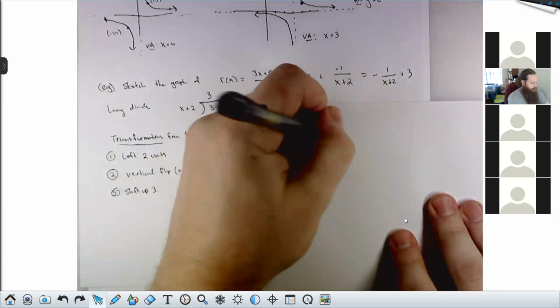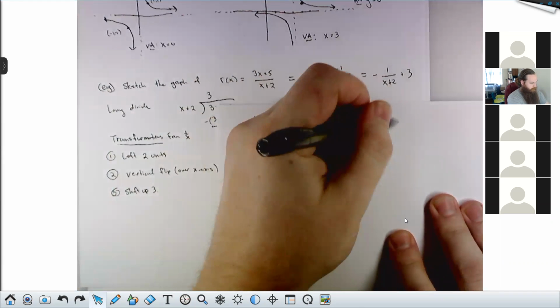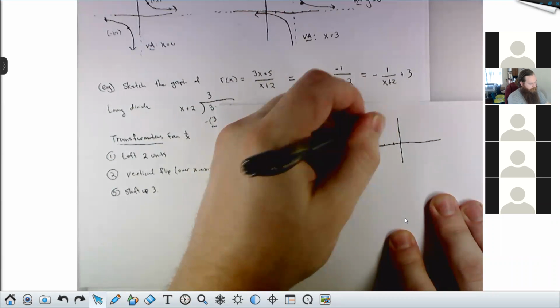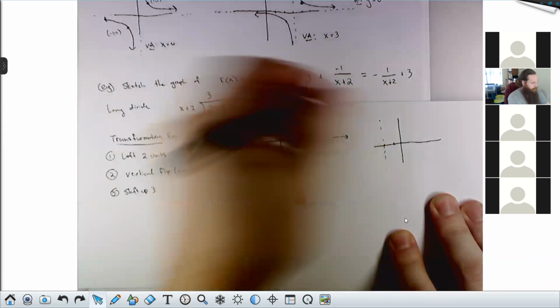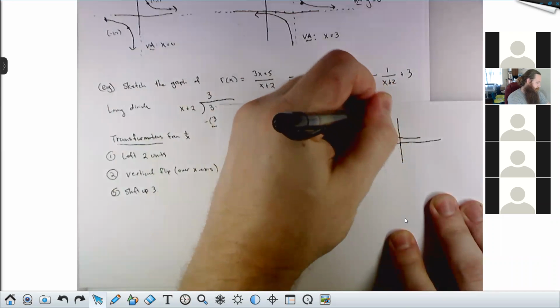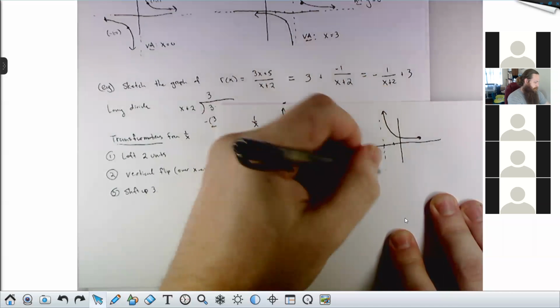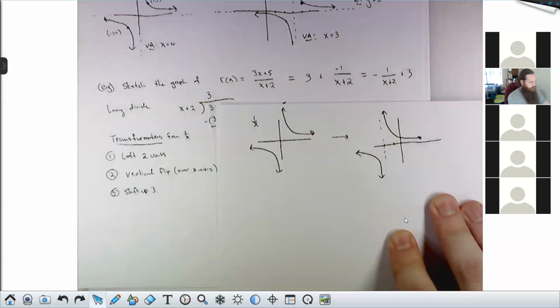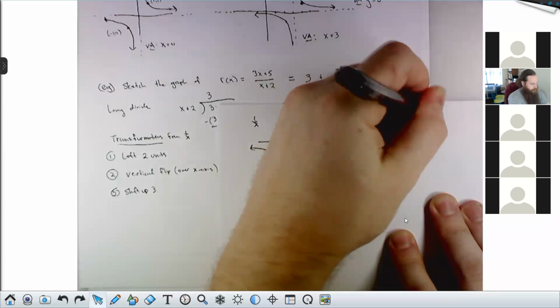Then we want to go to the left 2 units. So that's going to look like this. So this is 1 over x plus 2.